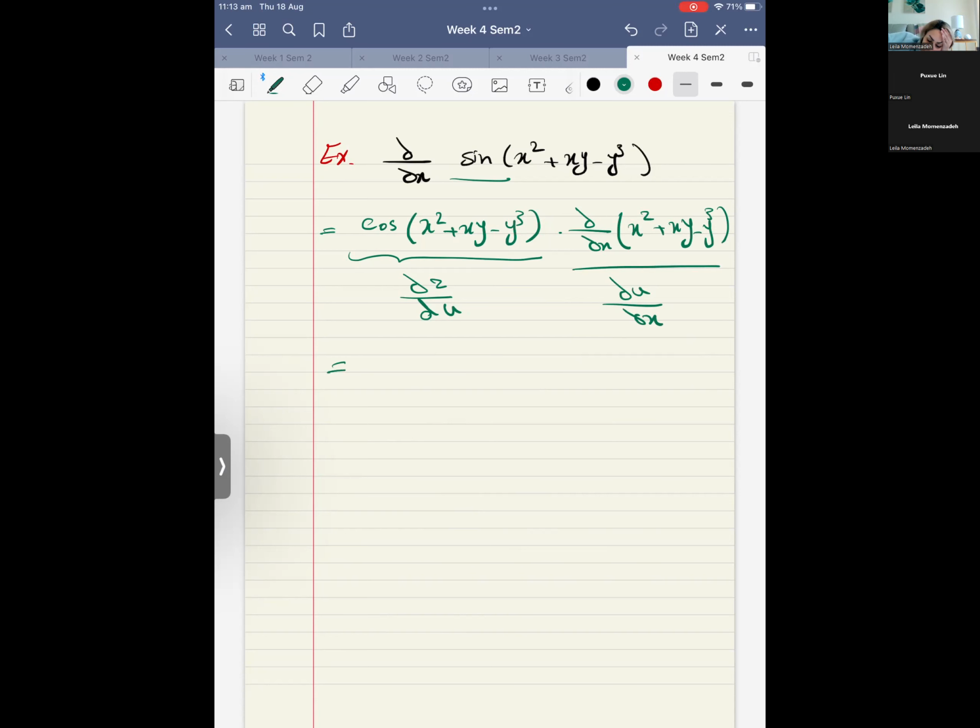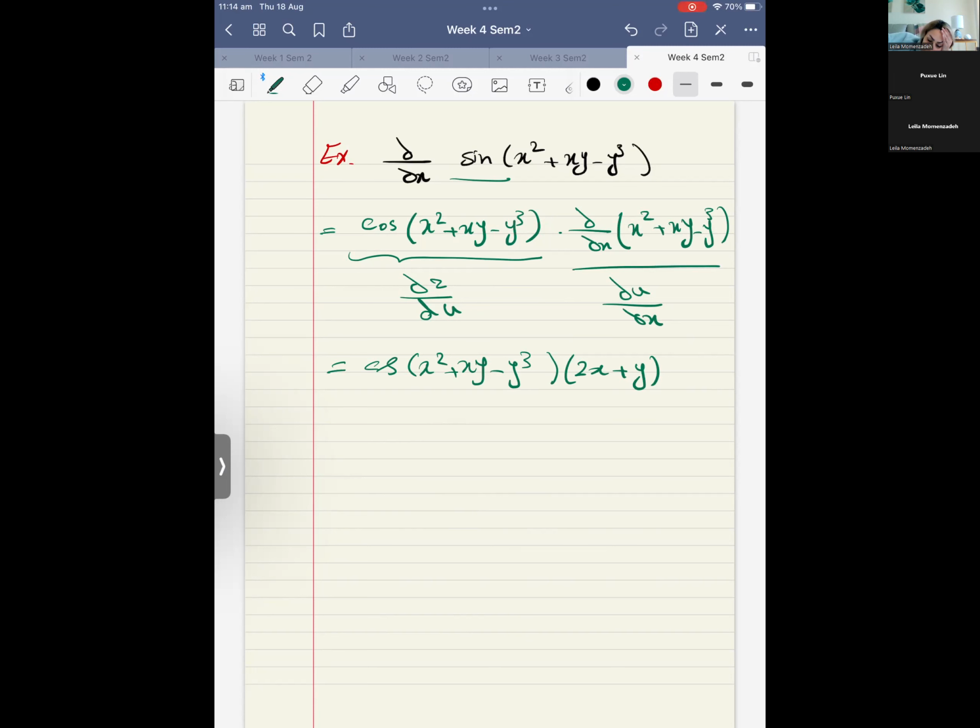It would be equal to cosine(x² + xy − y³) times (2x + y).